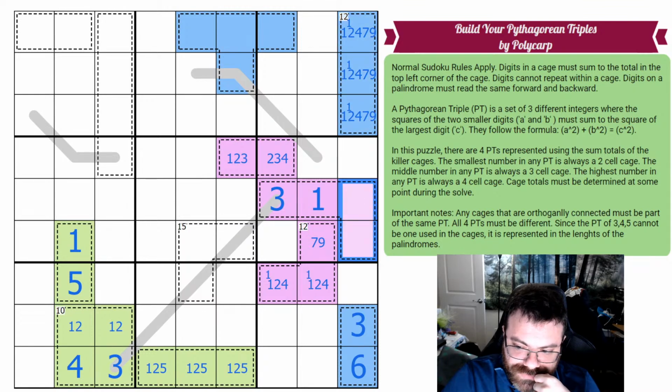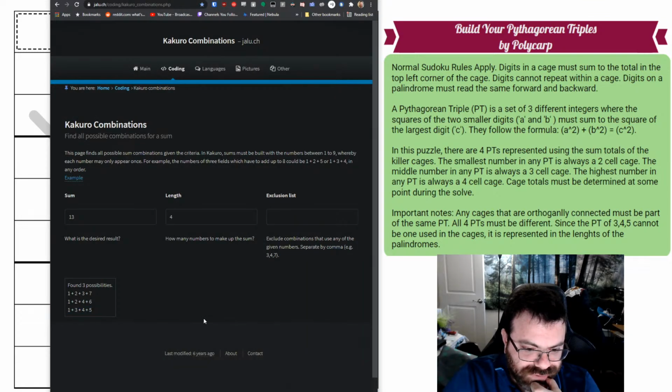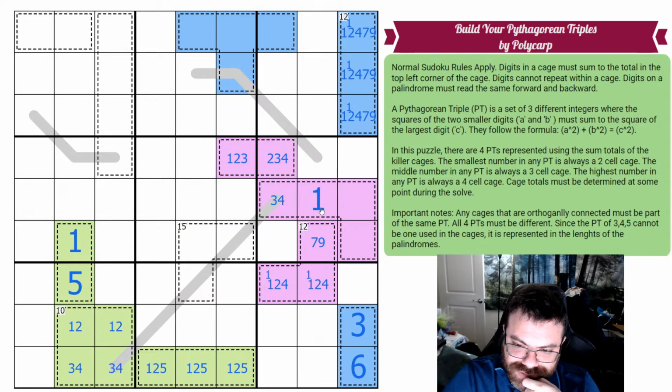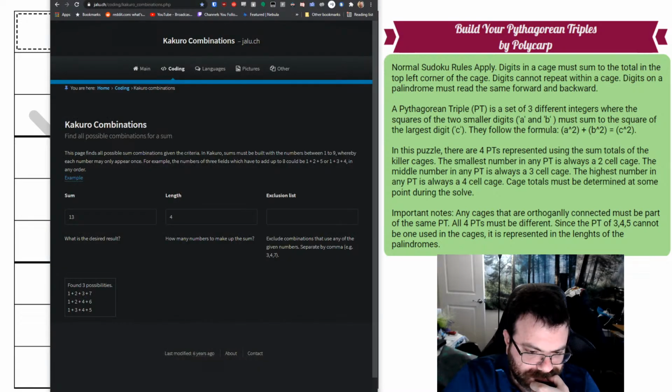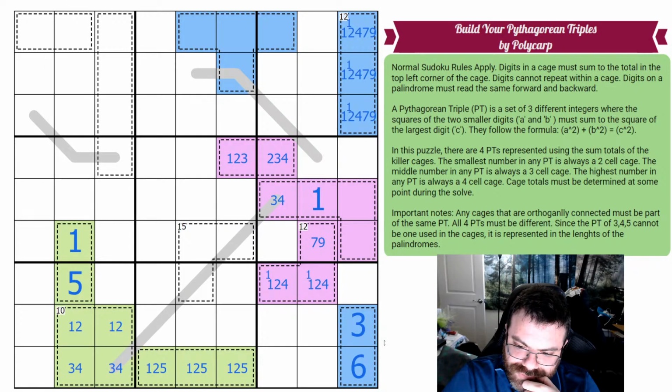Okay. I think I missed 1, 3, 4, 5. Maybe I thought about this wrong. Hold on. This has a 1. It doesn't have a 6 in it.